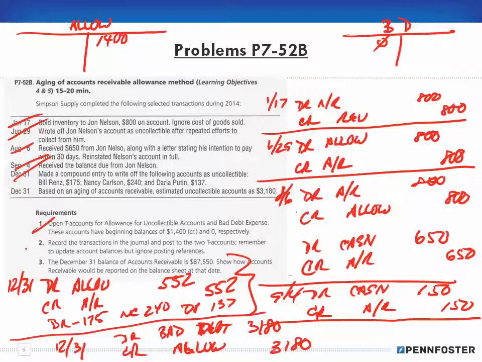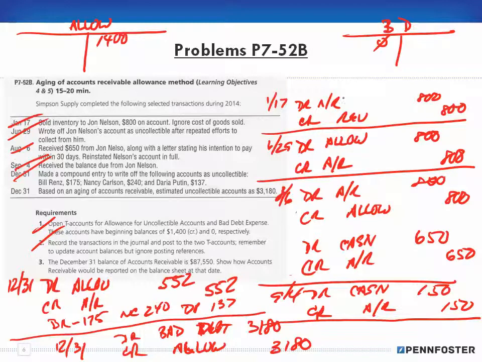So that's recording all of the transactions. Now, it says here, December 31st balance of accounts receivable is $87,550. Show how accounts receivable will be reported on the balance sheet at that date. All right, so we have all of these journal entries, and we need to post to our allowance and to our bad debt.